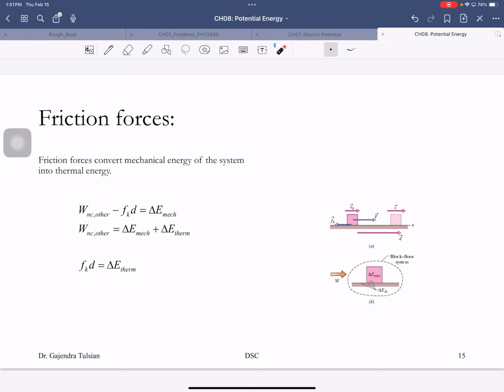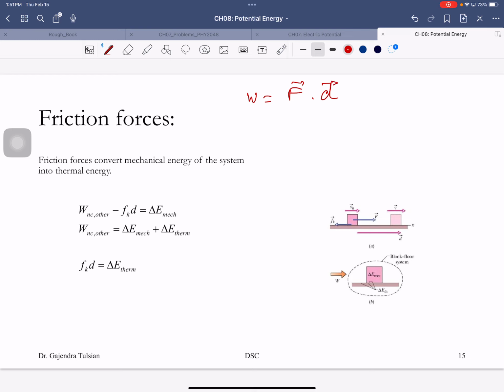Friction is a non-conservative force. The thing about friction is the work done by friction is very easy to calculate. Which direction does friction act? By the way, here's the general formula for work done by a constant force.